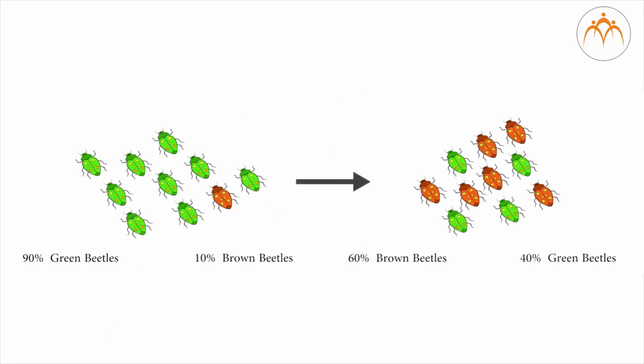In this example, the proportion of green to brown beetles in the population has changed over multiple generations. This is an example of evolutionary change because here the composition of color, which is a heritable character, has changed over many generations. Now the question arises, how does the gradual change in heritable characters take place over multiple generations?